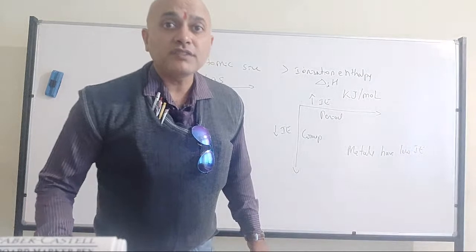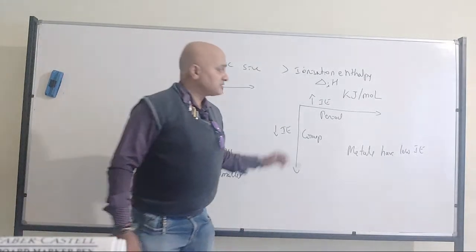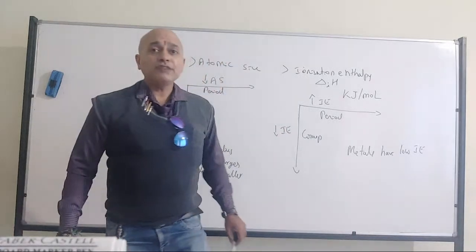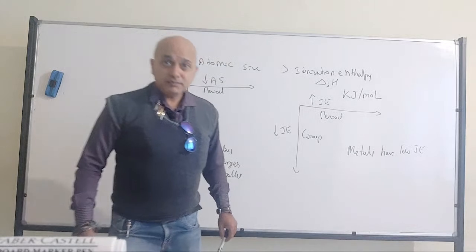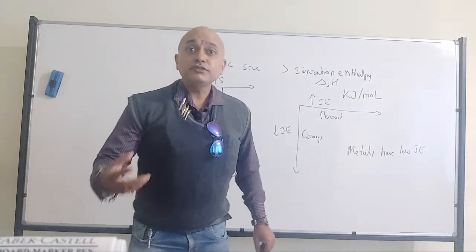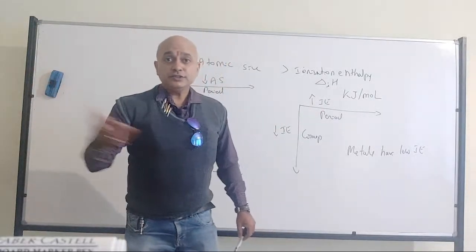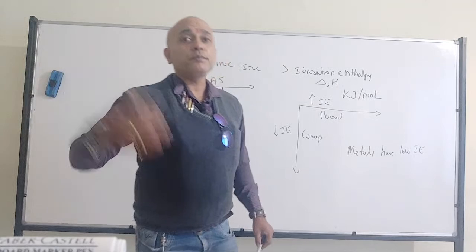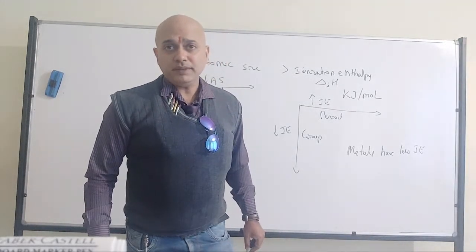That is because of their large size. So due to that they are electropositive. See how we can correlate. Metals are electropositive in nature because they have low ionization enthalpy.